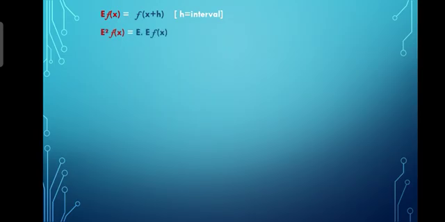E square f of x is equal to E into E f of x. We know E square is equal to E into E. Now E square f of x is equal to E into f of x plus h, as we know E into f of x's value is f of x plus h. Moving forward, E square f of x is equal to f of x plus 2h.